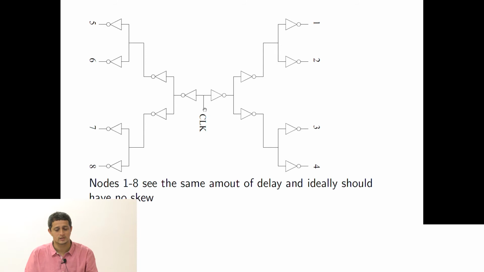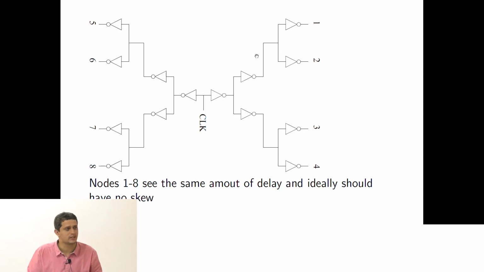What is shown here is that the clock is generated at this point, and I just route it through inverters in this fashion. The nodes 1 to 8 are my leaf nodes where I am going to connect flops. Of course, in reality, it's millions of nodes. The distribution network is a very complicated thing, but the idea is to ensure that the delay on any path is basically the same.